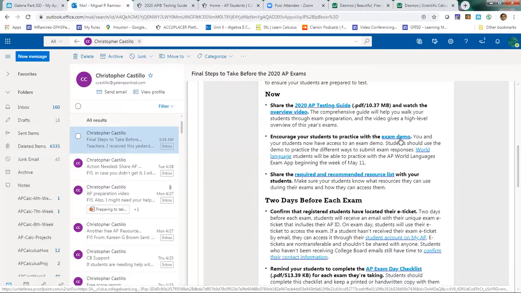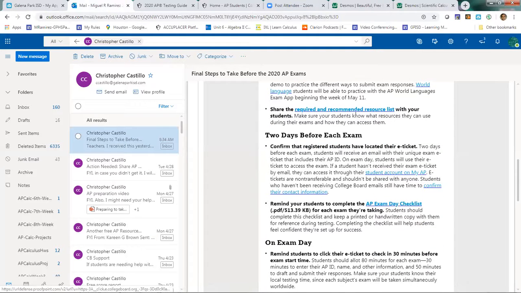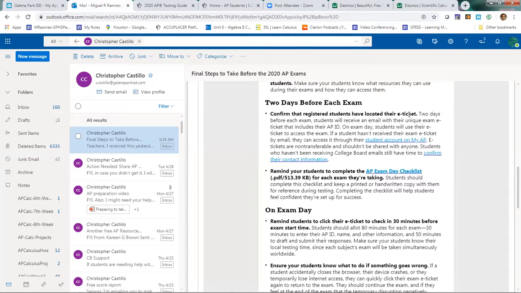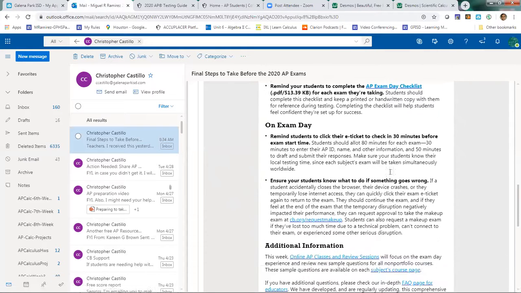If you can take a practice exam on the AP College Board website, good idea, right? I'm going to put this resource list also in the Google Classroom. And here are instructions. You have your ticket. And the AP exam checklist. I'm going to put this one also in the Google Classroom.